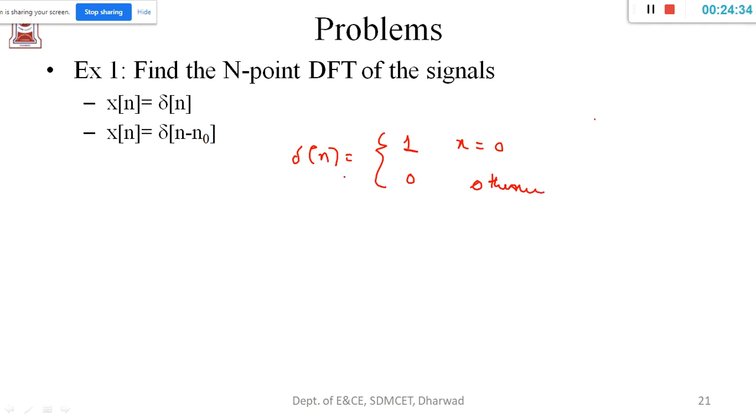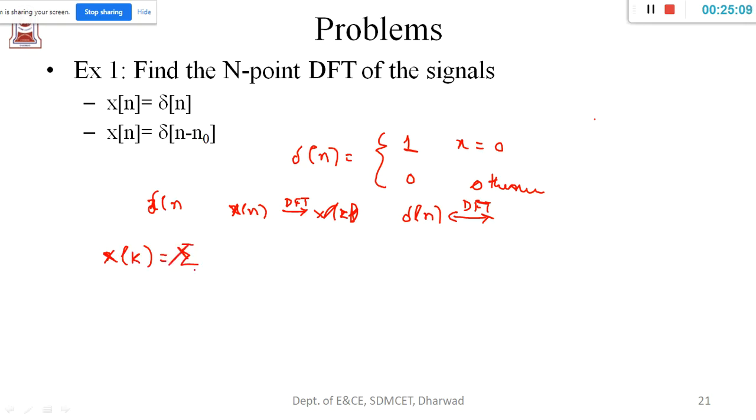Now let me find the N-point DFT of delta of n. We know that if you take the DFT of x of n, we get x of k. So what is the value when you apply a DFT to delta of n? For that we will find it. Let me now apply the formula here.